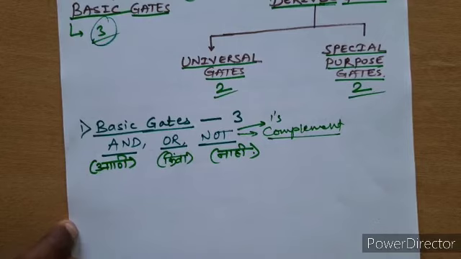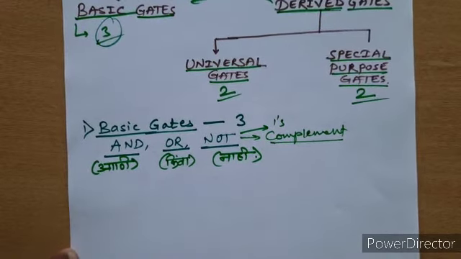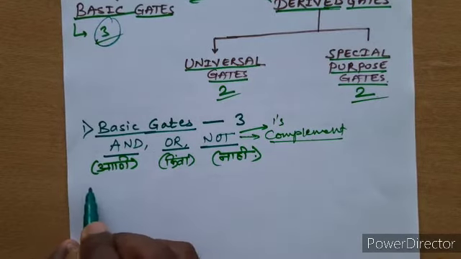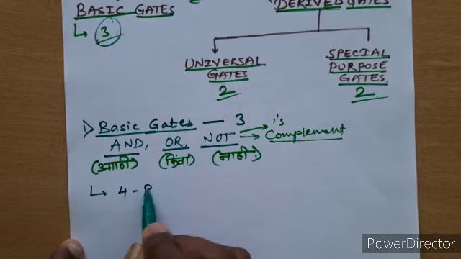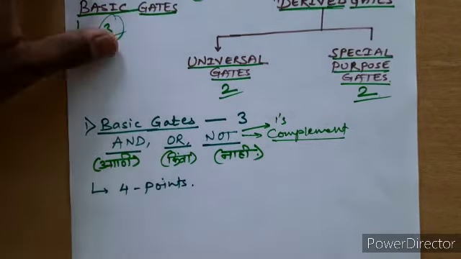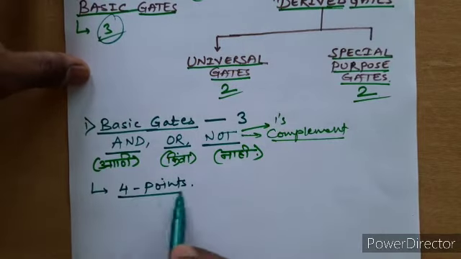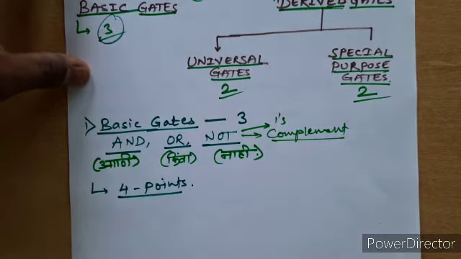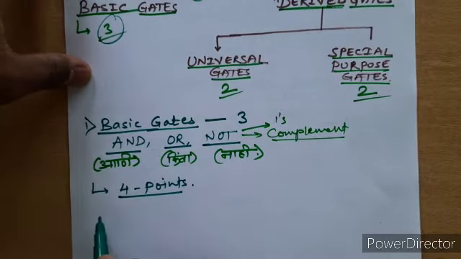Before going on to study any of the gates, any gate can be studied with the help of 4 points. If you understand these 4 points, then you will be able to understand any of the gates. Now what are those 4 points?